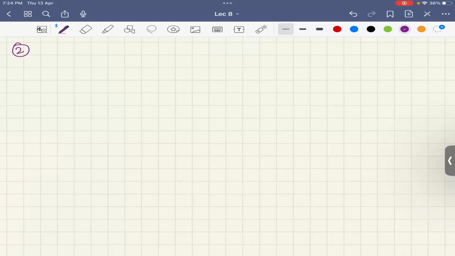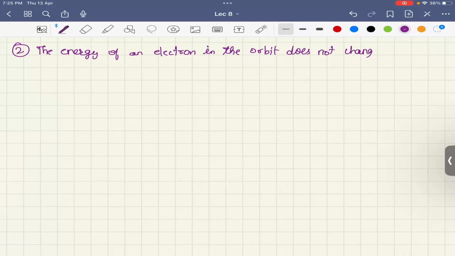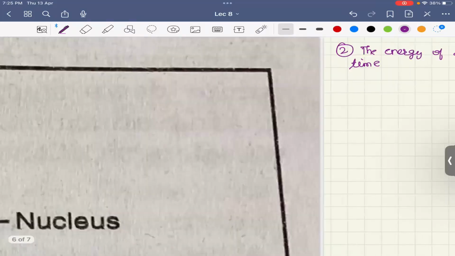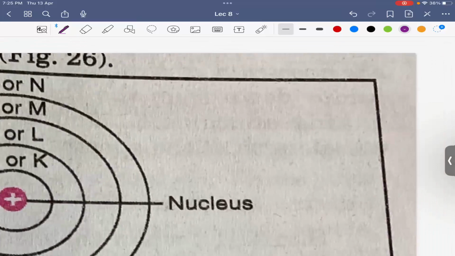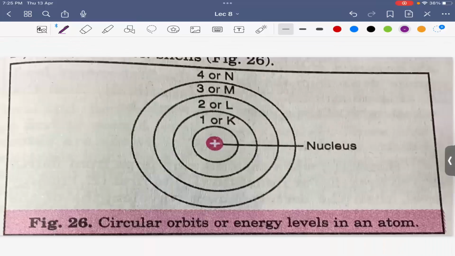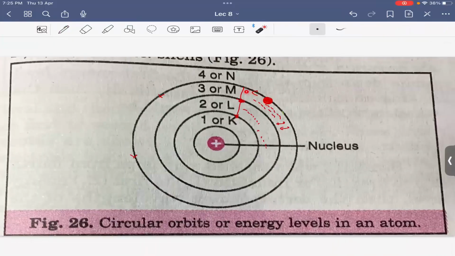So if the electron is at this position, irrespective of time, the energy when it is revolving in this orbit is going to remain the same.